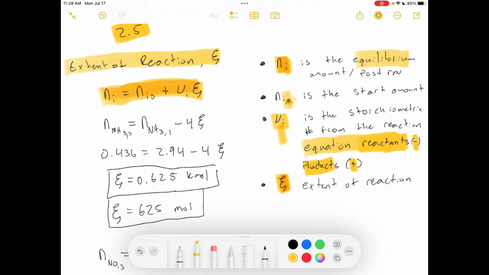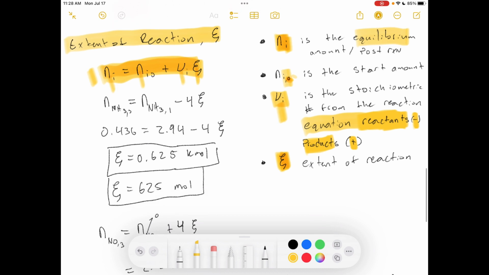All right. Now that we've got our general function and we know what all these terms are, we just plug in each one of these things. Stream 3 of ammonia, stream 1 of ammonia, and then our stoichiometric number. Remember, it's negative because it's a reactant. And we don't know what our extent of reaction is. That's what we're solving for. We started with this amount of ammonia and ended with this amount of ammonia.